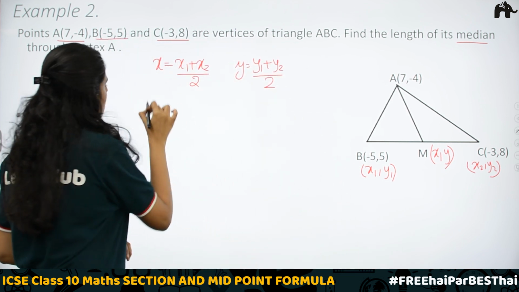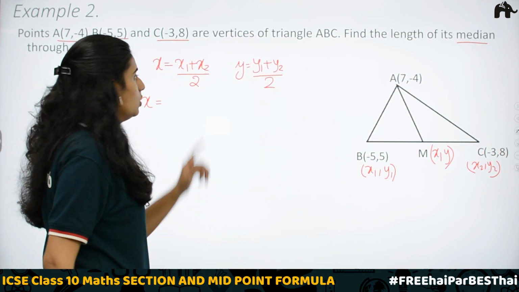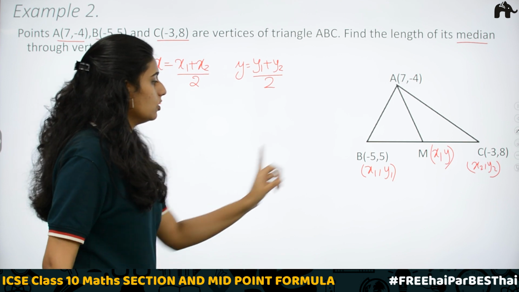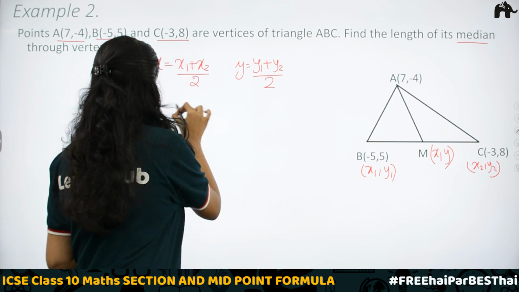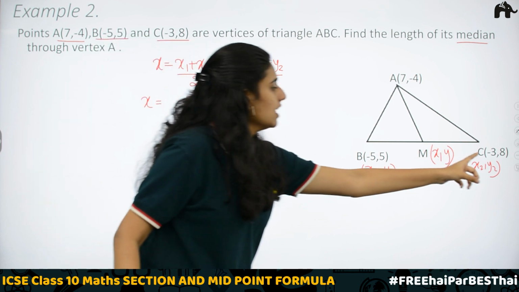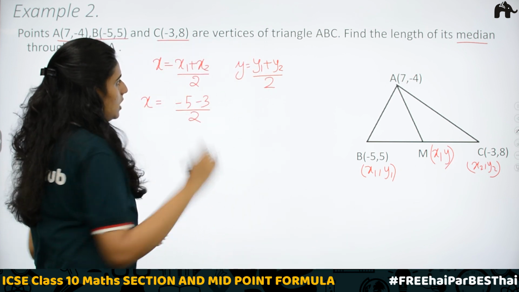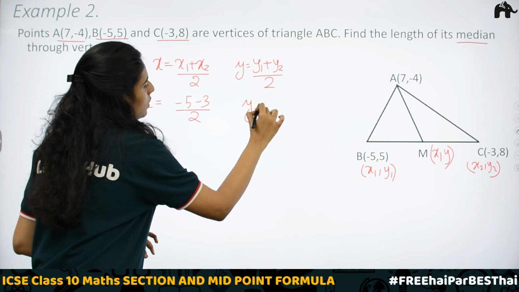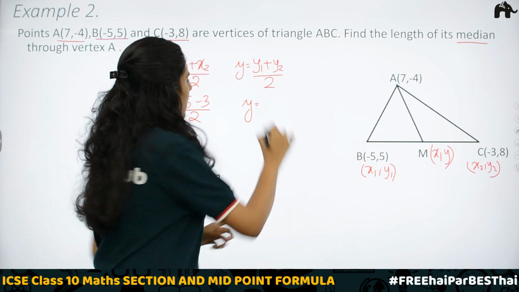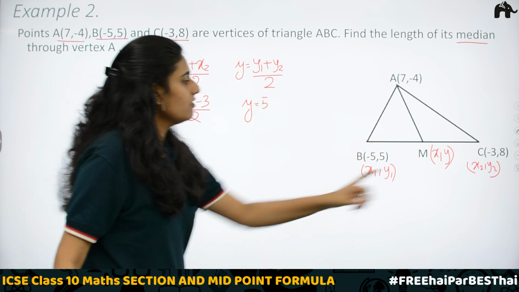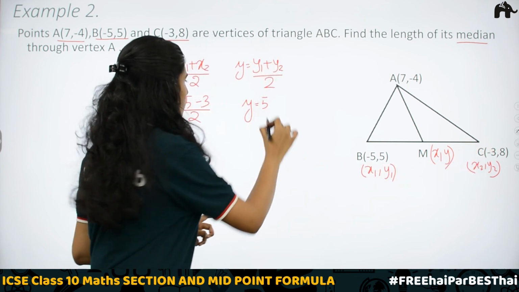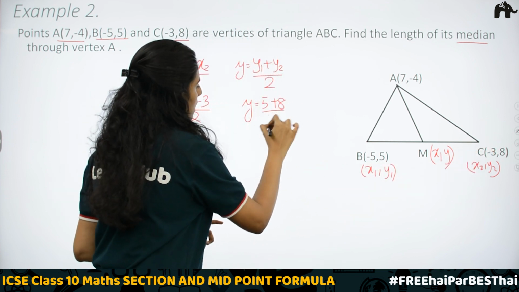Now put the values. X coordinate will be equal to x1 plus x2 by 2. Here x1 is minus 5 and x2 is minus 3. Minus 5 minus 3 divided by 2. And the y coordinate will be equal to y1 is 5 and y2 is equal to 8. 5 plus 8 divided by 2.